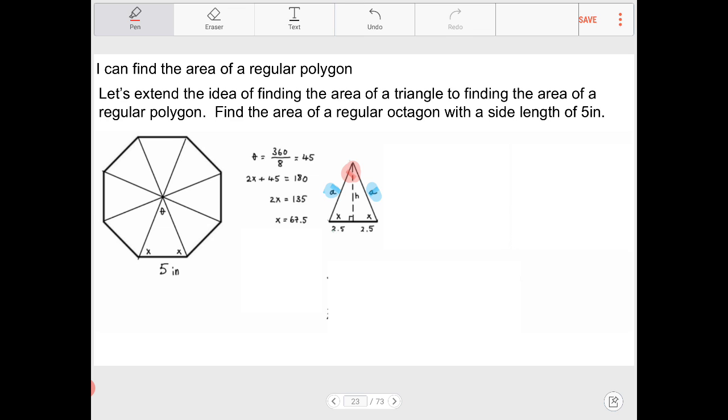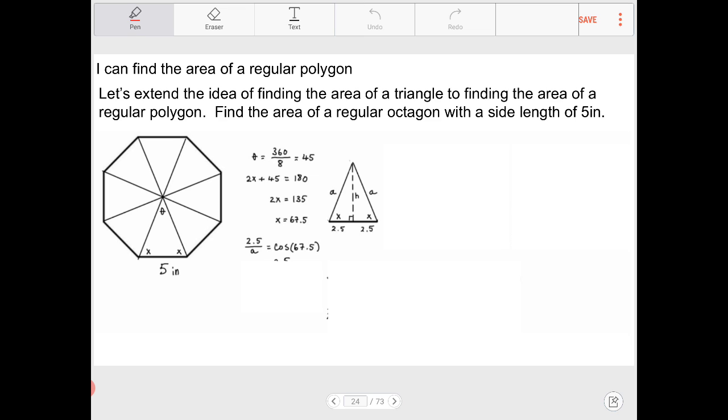I know that 2.5 is adjacent to angle x, and I want to find side length A. So because of this, I will end up with a cosine relationship: 2.5 over A is equal to cosine of 67.5.